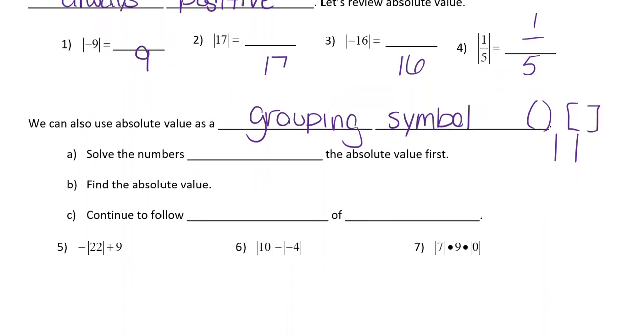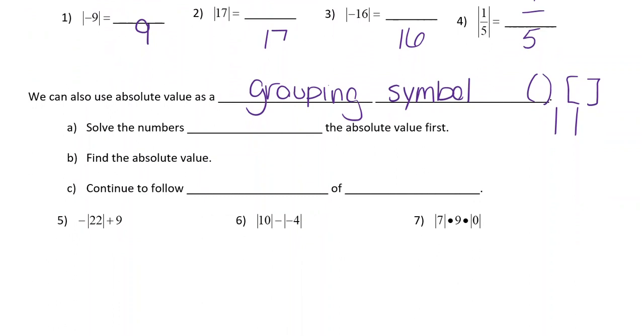The way that we're going to do that is we're first going to solve the numbers that are inside the absolute value grouping. Then as soon as we get down to one number, we're going to find that absolute value. And then from there, we're just going to continue following the order of operations. Okay, so that's it.